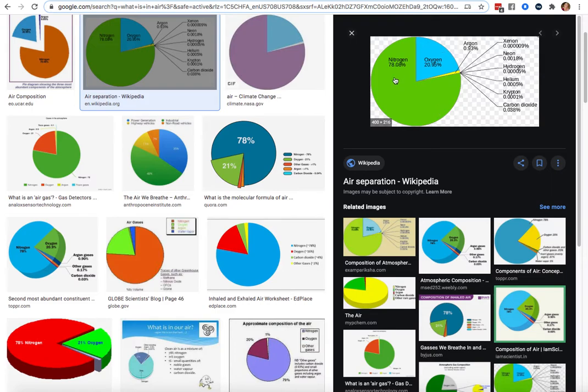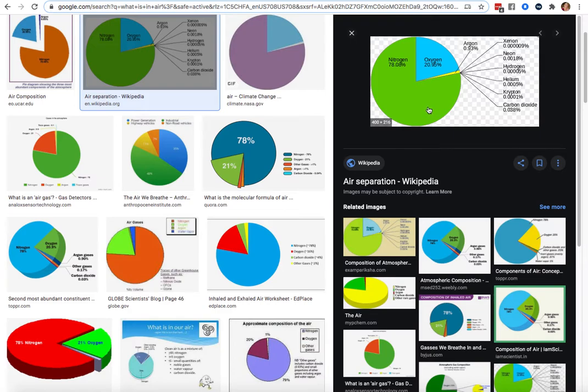But all of these things, with the exception of carbon dioxide, are elements. And carbon dioxide is a compound made of carbon and oxygen. But whether it's a mixture of different elements or a mixture of different compounds, it's still a mixture. That doesn't change its category at all.